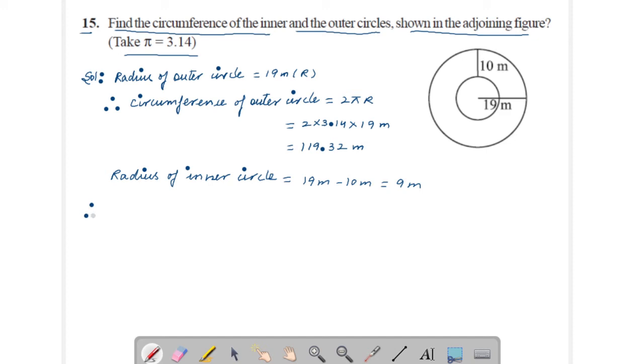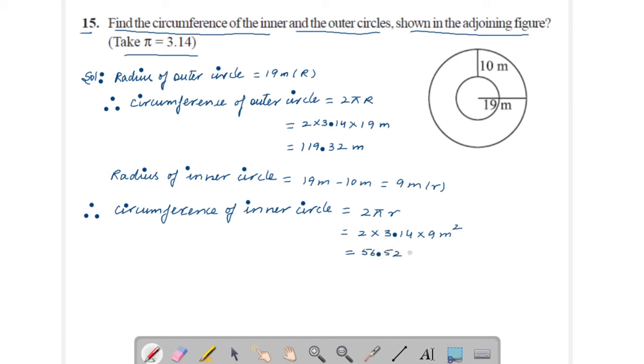Therefore, circumference of inner circle, let us take this radius as a small r, it will be 2 pi r equal to 2 into 3.14 into 9 meter equal to 56.52 meter.